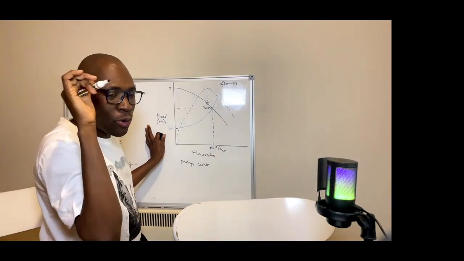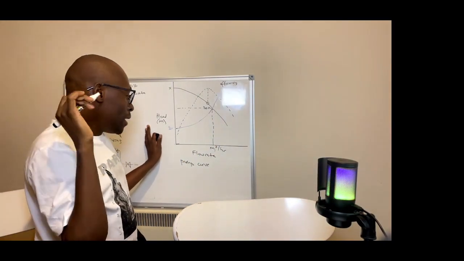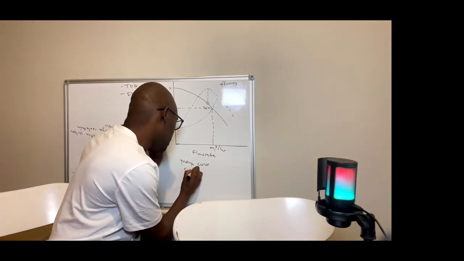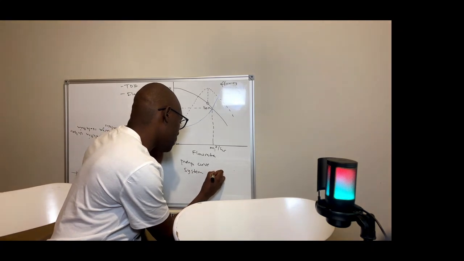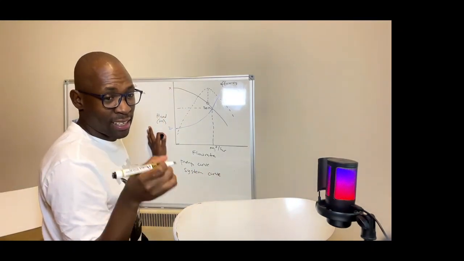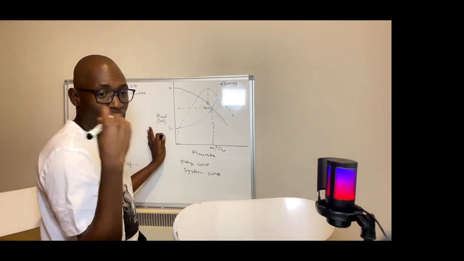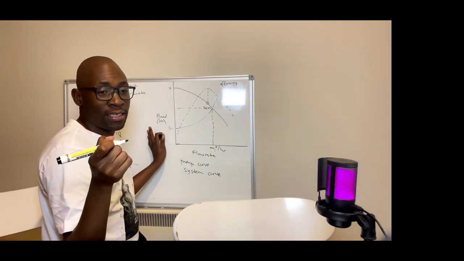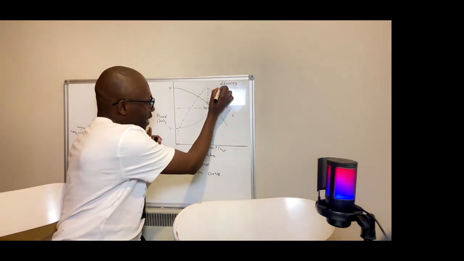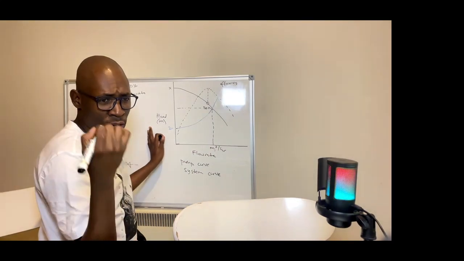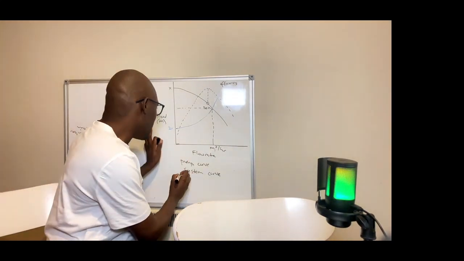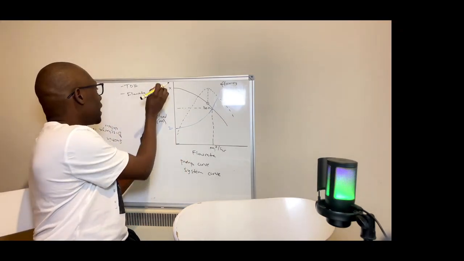But another, maybe better, way of doing it is to have the system curve. The system curve is a quadratic equation which has a constant, and this constant is the static head. This blue curve here is the system head. How do you determine the system head? You determine it by using the total dynamic head.